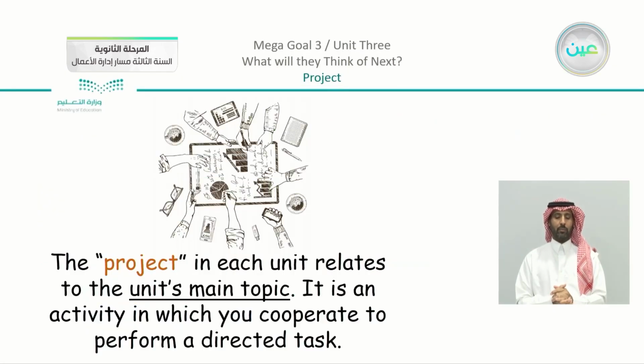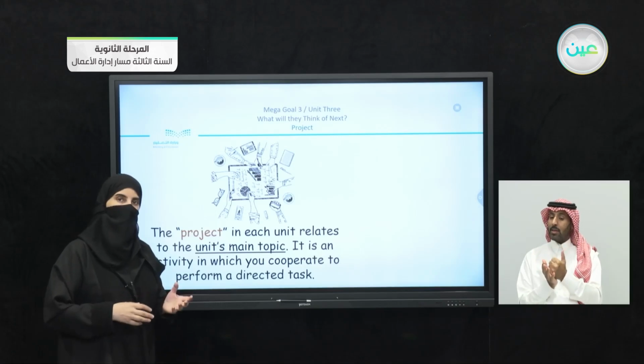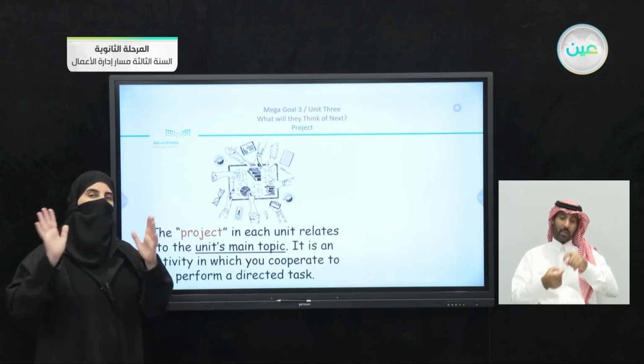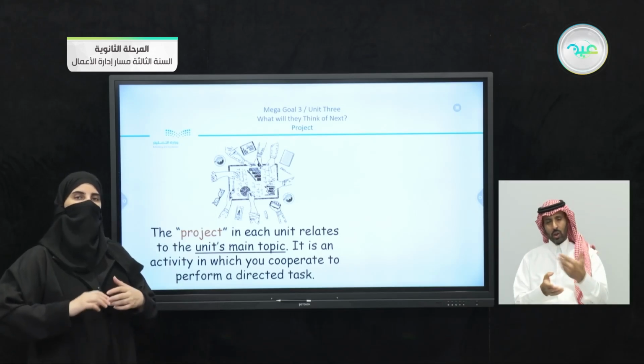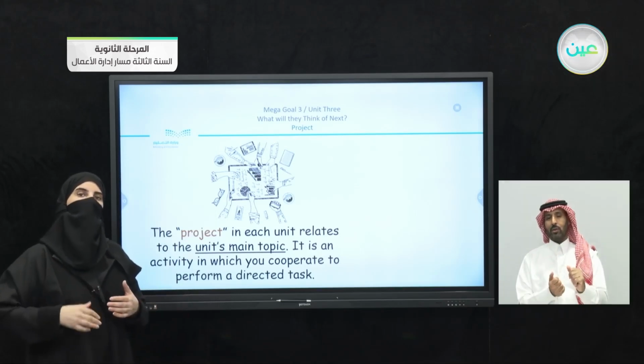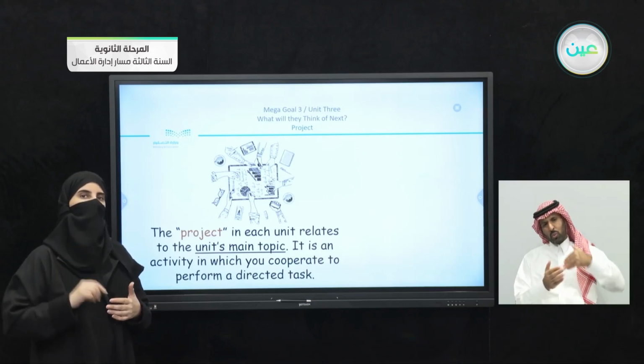Just to remind you, the project in each unit relates to the unit's main topic. So just think that you are going to talk about, yes, changes, but you are going to relate these changes to the future. So we are talking about what will they think of next? What are the things that are going to change in the future? Put that in mind.